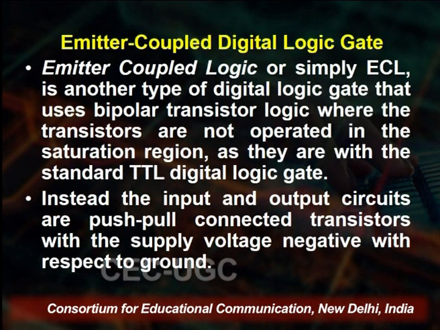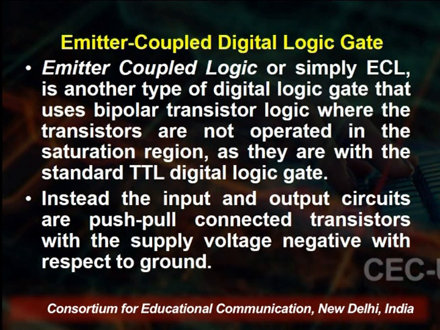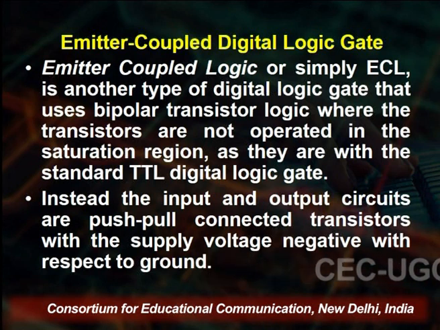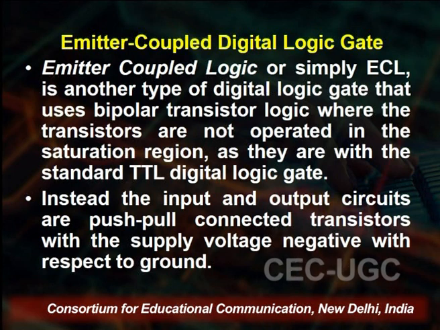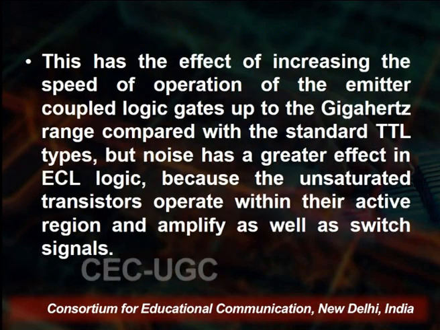Next is the emitter coupled digital logic gate. The emitter coupled logic gate, that is ECL, is another type of digital logic gate that uses bipolar transistor logic, where the transistors are not operated in the saturation region as they are with the standard TTL digital logic gate. Instead of push-pull connected transistors in the input and output circuits, the supply voltage is negative with respect to the ground.